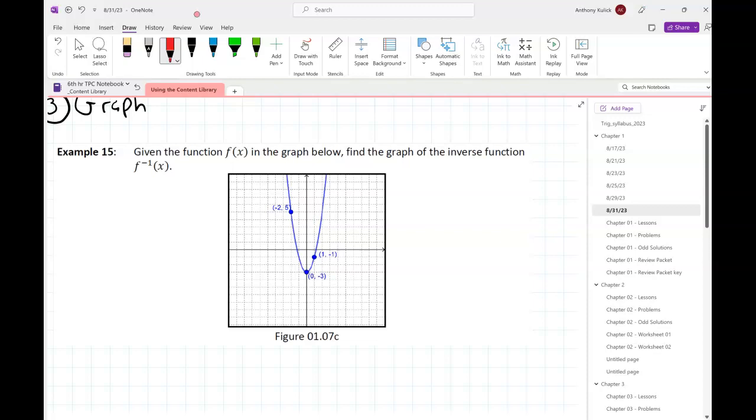So 0, -3 is going to become the point -3, 0. 1, -1 would become the point -1, 1. And -2, 5 becomes the point 5, -2.